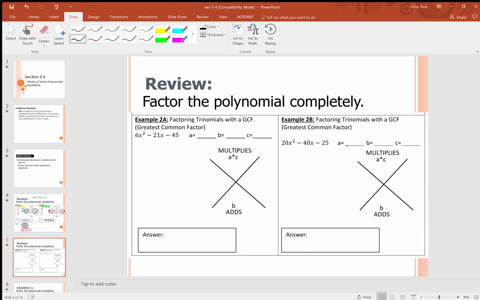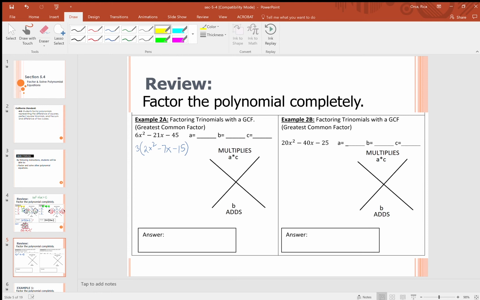So 6, negative 21, and negative 45 are all divisible by 3. 3 times 2x squared is 6x squared. 3 times negative 7x is negative 21x. 3 times negative 15 is negative 45.